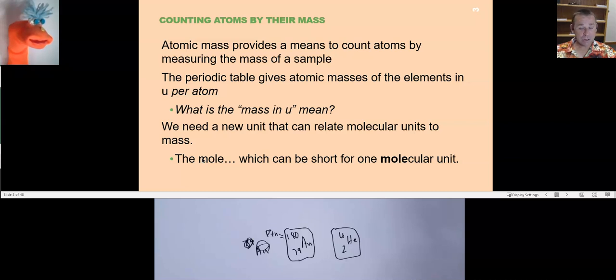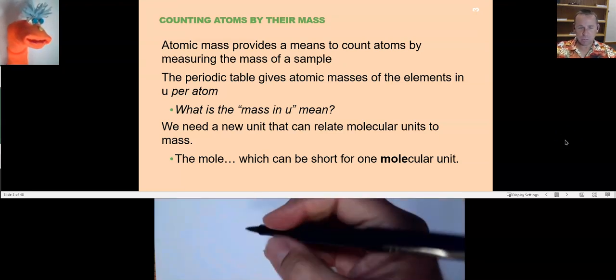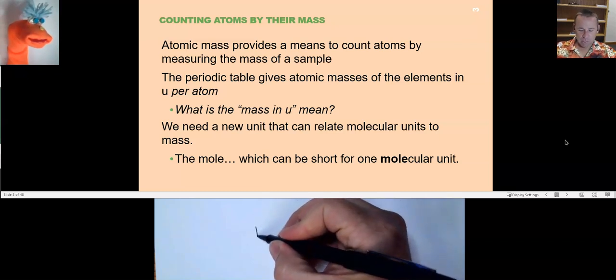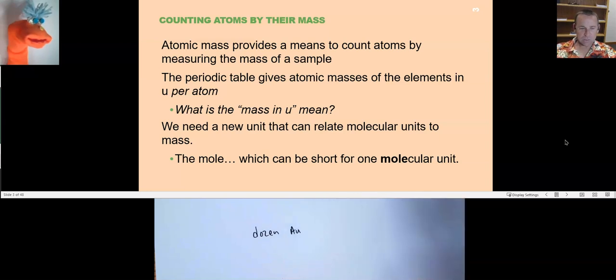And I encourage students to replace that word with the term dozen whenever it's bothering them, whenever it's confusing them. Okay? So like if I say I have a mole of gold, we've never heard that term. What is that referring to, a mole of gold? Well, if I replace that with the term dozen, if I have a dozen golds, right?